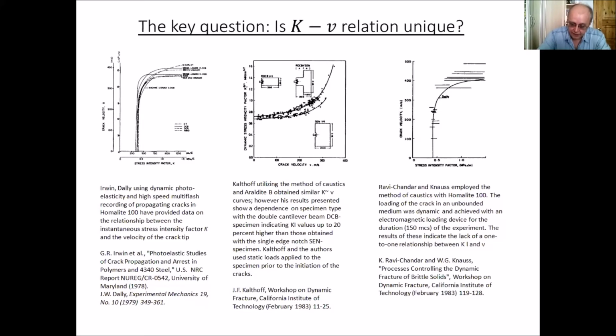When we have a sample which is loaded statically, and then we accelerate the crack, providing the dynamics to our experiments. And so let's come to the third case, and this is on the right side.